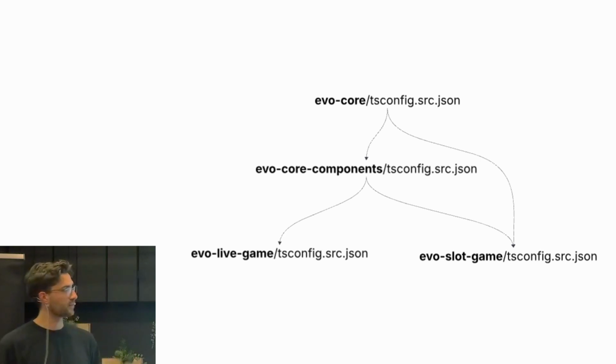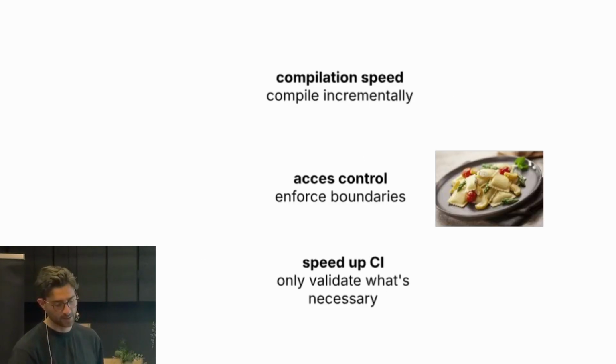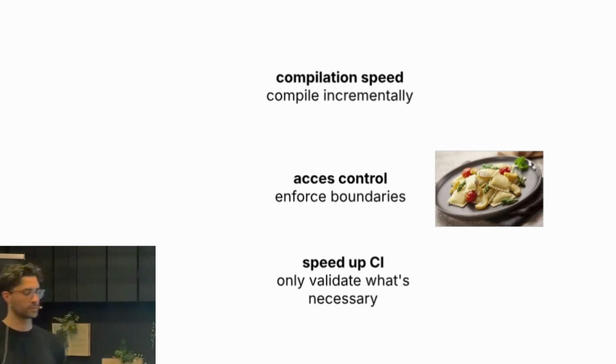In this example, we have a core package, which is referenced by other core sub-packages and game packages themselves. So you can follow the graph this way, but you cannot really do circular dependencies or reference any shared code from the game or cross-reference game code from each other. So this gives us a much better, clean access control to the code.